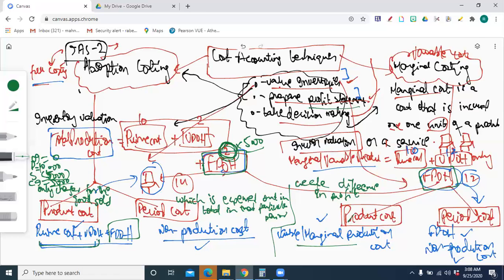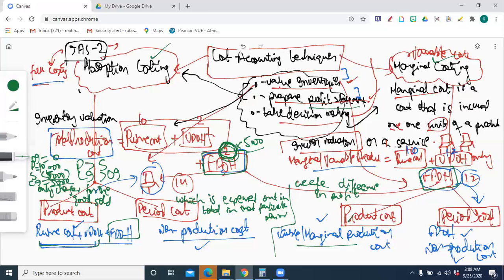So what do you think? If closing inventory is more than the opening inventory, or if you produce more than you sell, which method reports a higher profit, absorption or marginal?